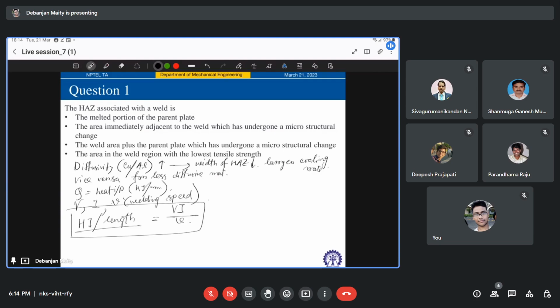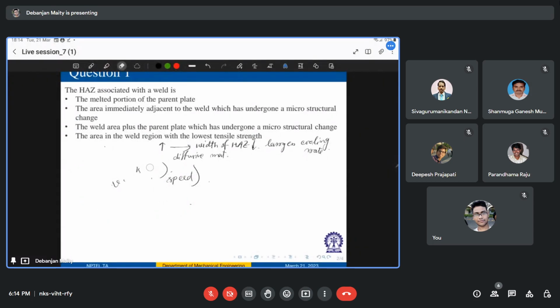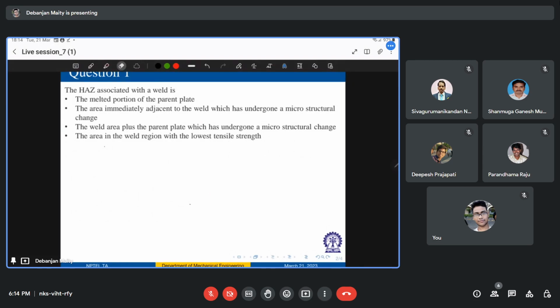Now, let me draw a figure of how the weld microstructure looks in distinct zones of welding.